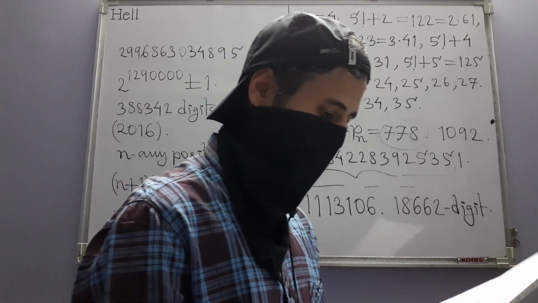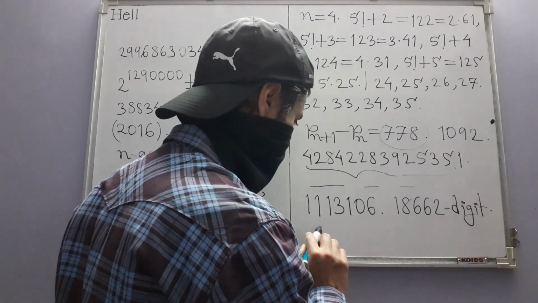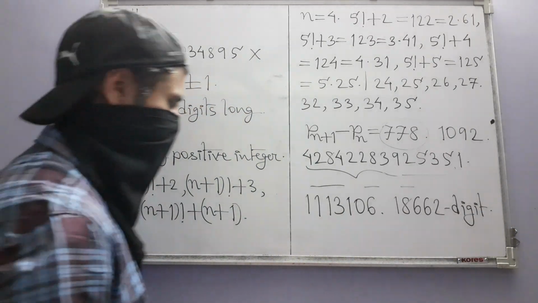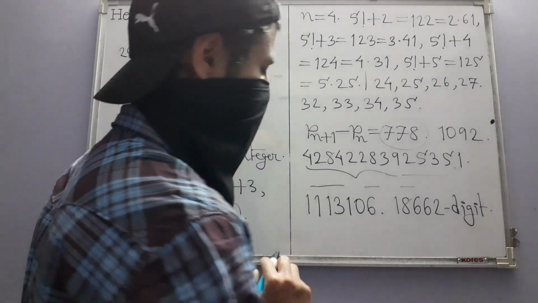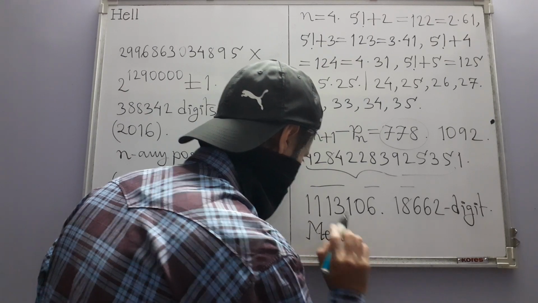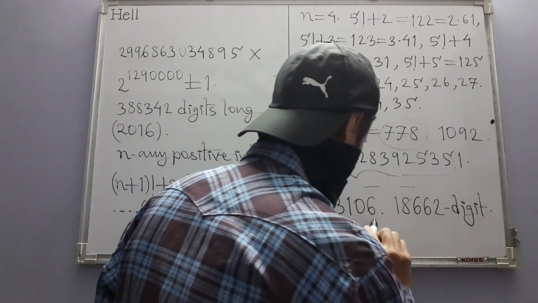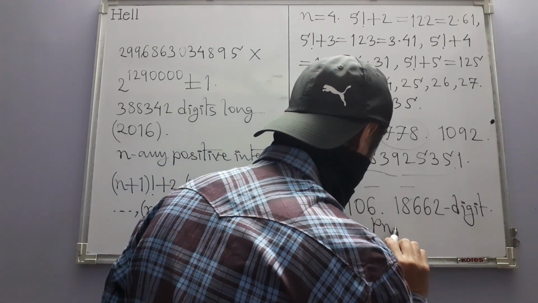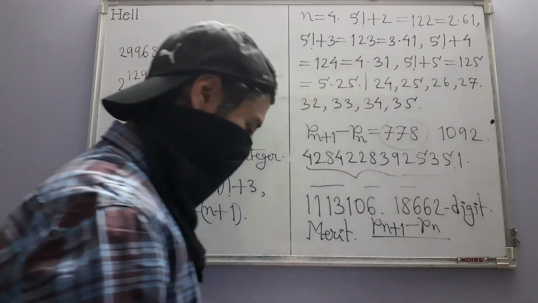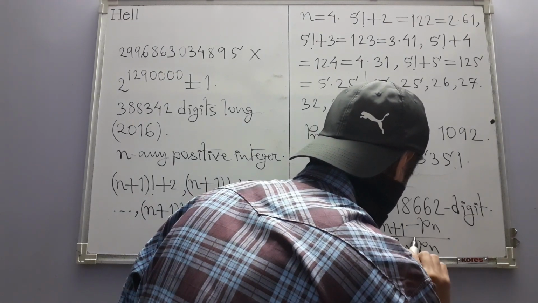And something else also I found, which finds mention when this type of results are talked about. It is called the merit of a gap. I don't know what the significance of this quantity is. Say you have a gap like this, then this number, that is the gap length divided by the natural logarithm of the smaller prime.